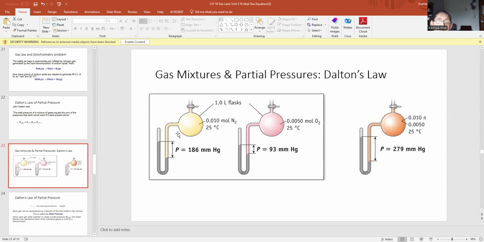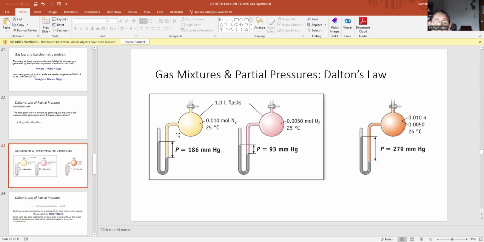So here you have a pressure, and then when you add it up, the total pressure is 183 millimeters of nitrogen in one bulb, and in the other bulb you have 0.005 moles of oxygen. Nitrogen and oxygen under normal conditions do not mix with each other, and therefore there is no reaction.